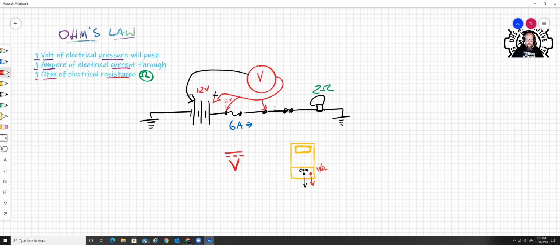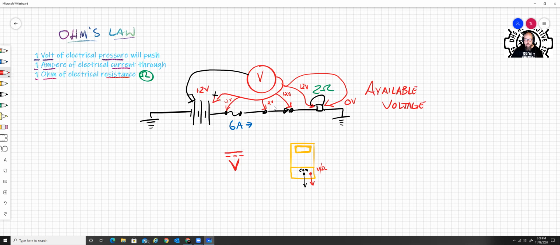If you probed at the switch, you would find 12 volts. If you probed right after the switch, you would find 12 volts. If you probed at the bulb, you would find 12 volts. If you probed after the bulb, you would find 0 volts because the bulb consumed the voltage. It ate it up. It used up the pressure to get the flow through it, okay? This is called checking for available voltage.